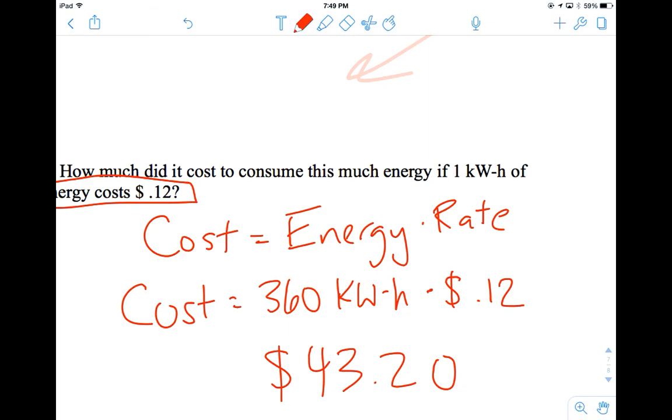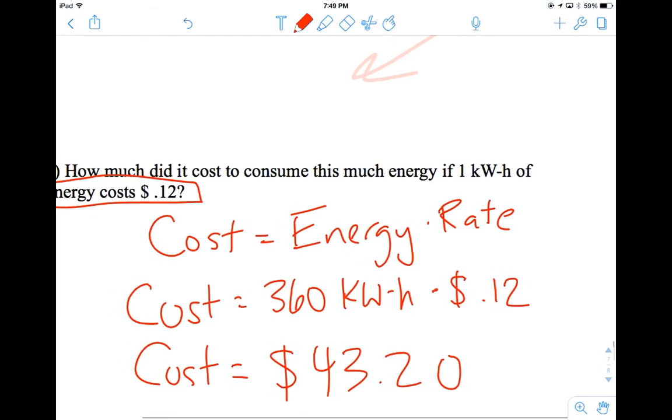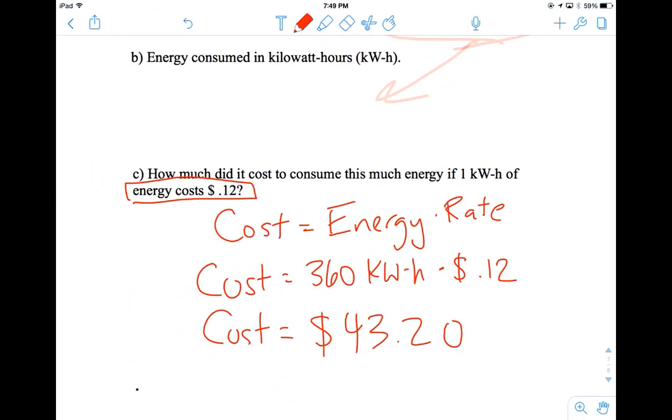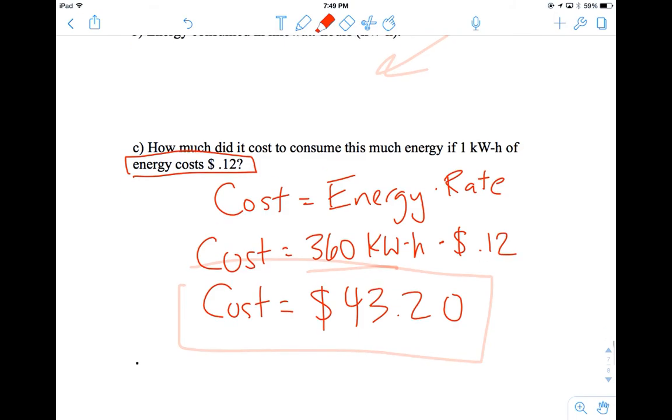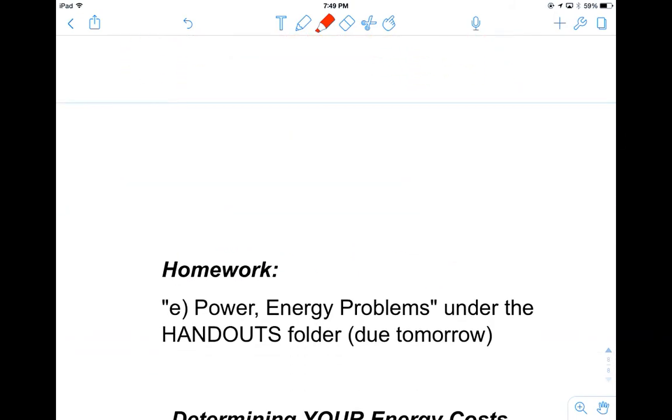So what we're noticing is that the cost of this really bright floodlight, for a large number of hours and with a relatively expensive energy cost, is actually pretty costly. Now, typically, you won't be using that much energy for one light, but that kind of gives you a perspective of how much energy costs if you keep lights on for large quantities of time.